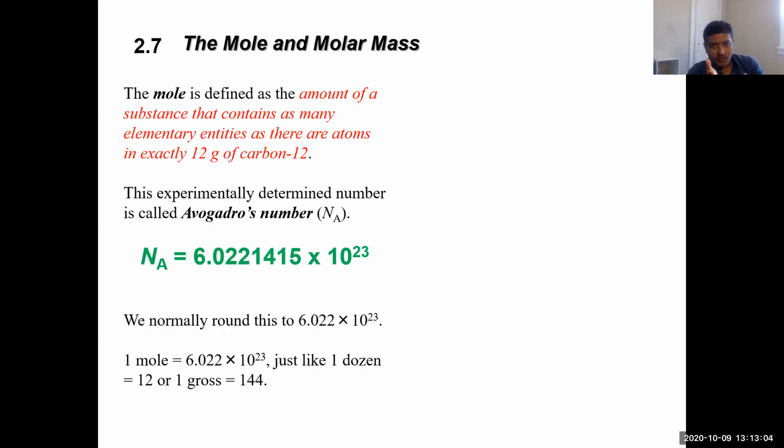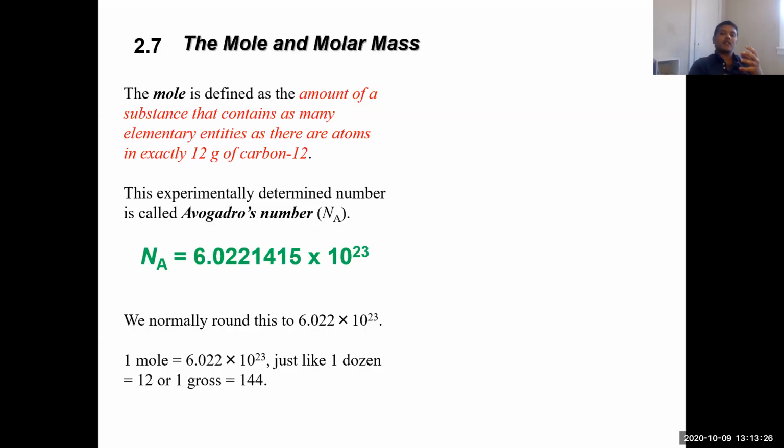A mole in chemistry is defined as the amount of a substance, like number of particles, that contains as many elementary entities as there are atoms in exactly 12 grams of carbon-12.